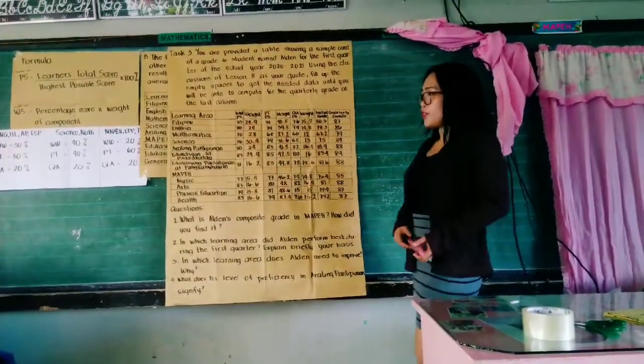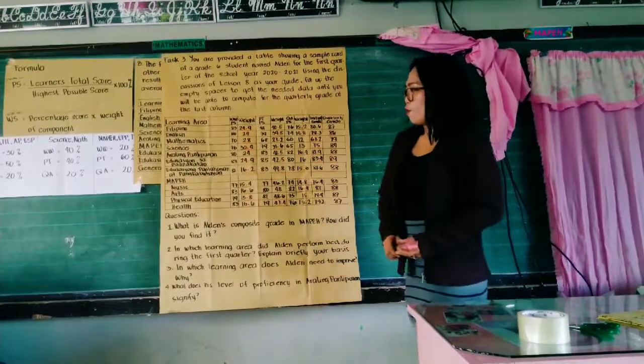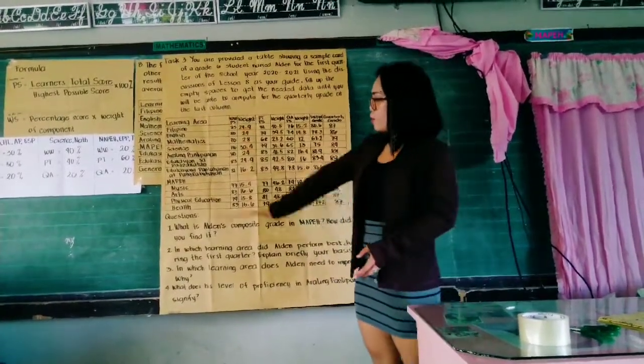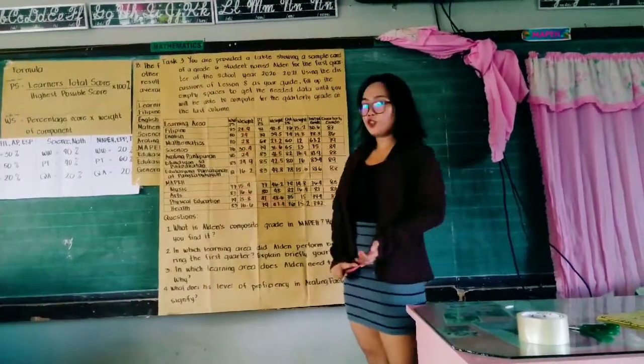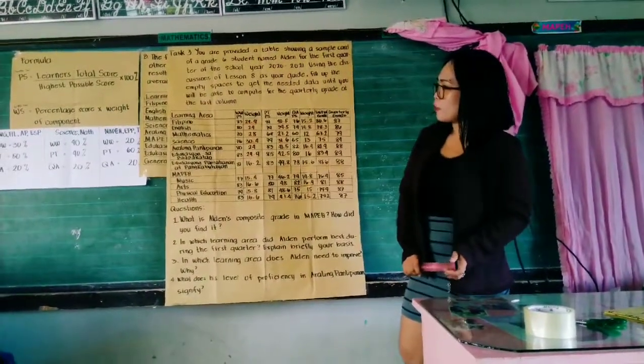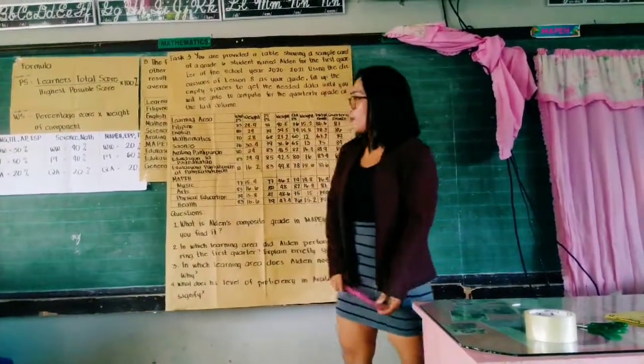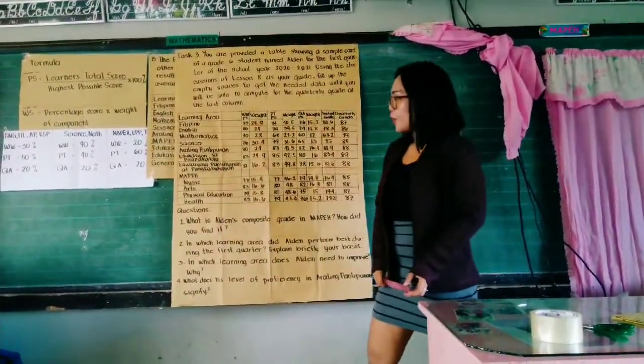Now we will proceed to the MAPEH subject. MAPEH is composed of four subjects, which are Music, Arts, Physical Education, and Health. In the given formula, the weight of the components of MAPEH is 20% for written works, 60% for performance task, and 20% for quarterly assessment.